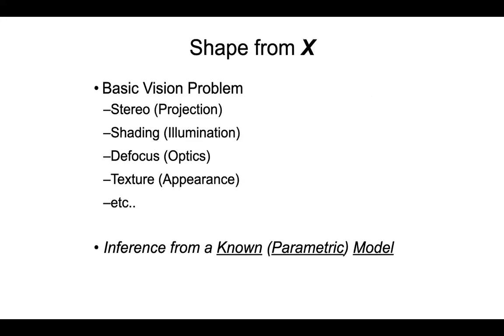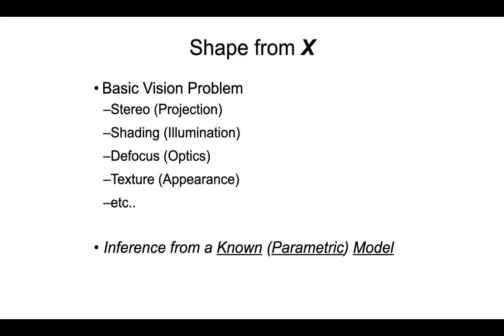So to really understand this, let's delve into the problem of shape from X. Because basically, depending on this X, it could be shape from stereo, shape from shading, shape from focus, shape from texture, etc. Right?